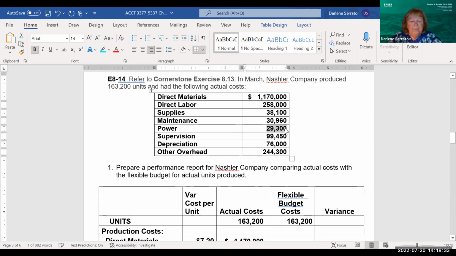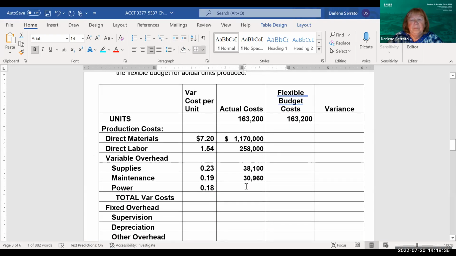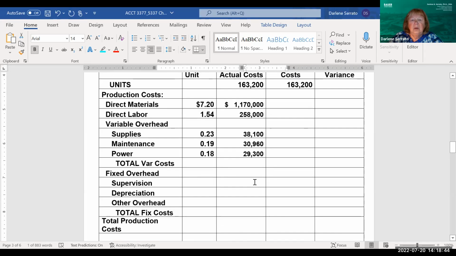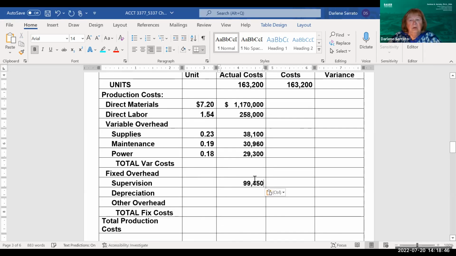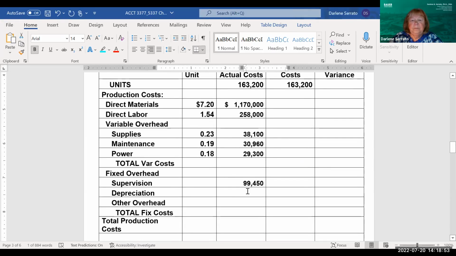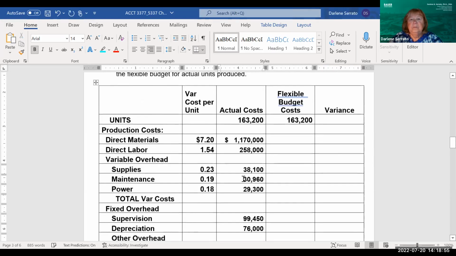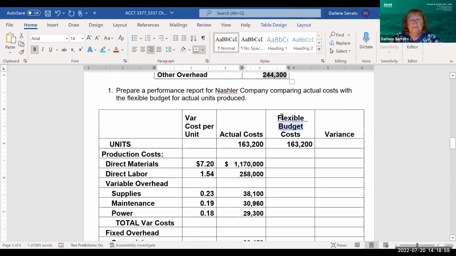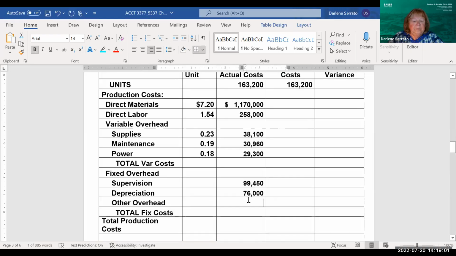Power. Supervision. Depreciation. Other overhead. Okay.